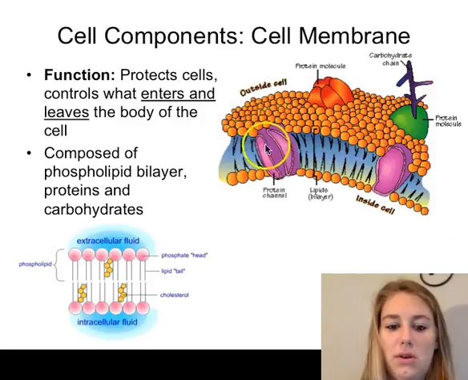This thing goes all the way around the cell, and it's composed of a phospholipid bilayer. Bi means two, so it's two layers. We can see here's one right here on the bottom layer, and here's the second up here at the top. They're made of phospholipids. So what macromolecule is this? Excellent, lipids. Okay, there's also proteins in here which help with transport, and there are also carbohydrates.